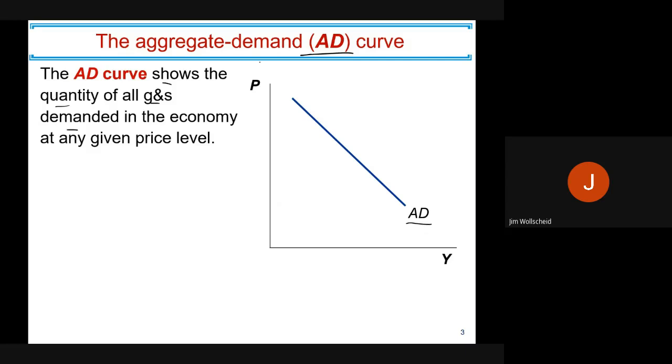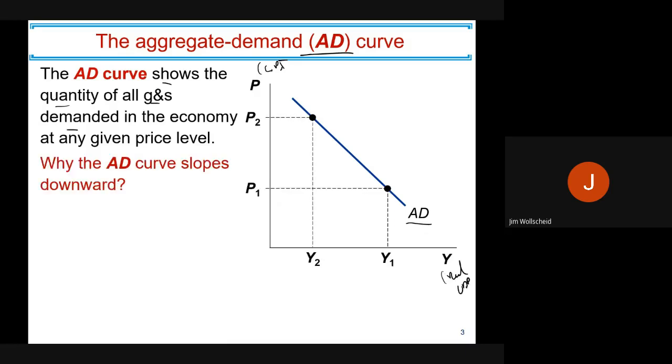So remember, this is CPI, and this is real GDP. When you think about aggregate demand, think back to chapter 10 when we talked about GDP. Where does GDP come from?